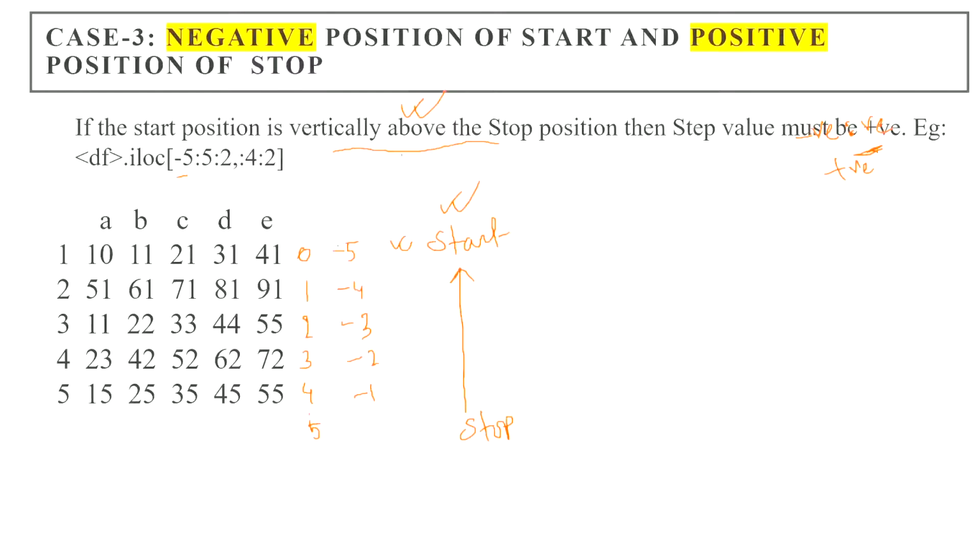Okay. So in this case, you see -5 to 5. So at -5, what is the index? -5 index is 1. Okay. And then what will come? 3 will come. After 3, what will come? 5 will come. Okay. You must remember this 5 and this 5 both are not same. This is the row name, or you can say level, but this 5 is the position.